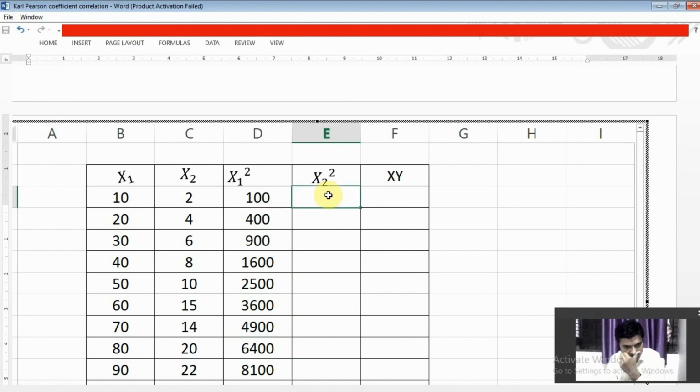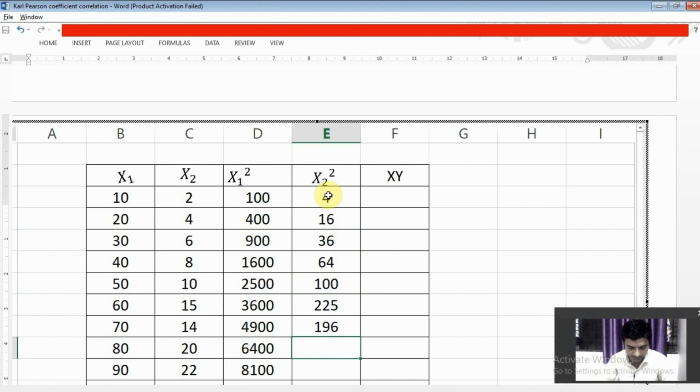Now similarly with the same speed, you try to get squares of x2. 2 square, 4, 4 square, 16, 6 square, 36, 8 square, 64, 10 square, 100, 15 square, 225, 14 square, 196.